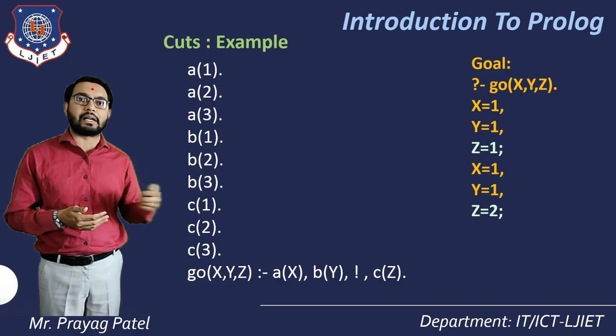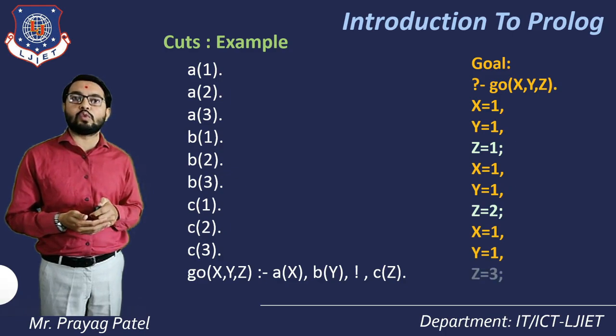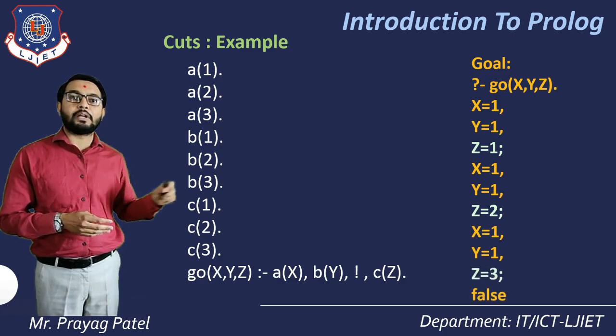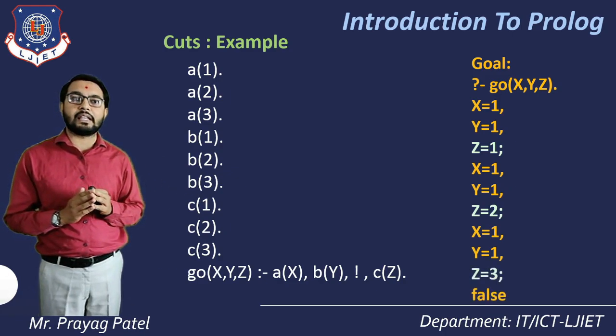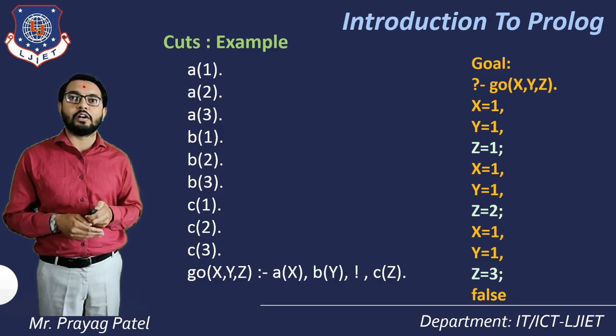Next one is X equal to 1, Y equal to 1 and Z equal to 3. After that, no remaining possibilities are there, so we write false. This is a simple example of the cut.